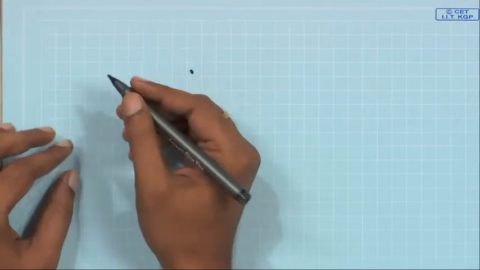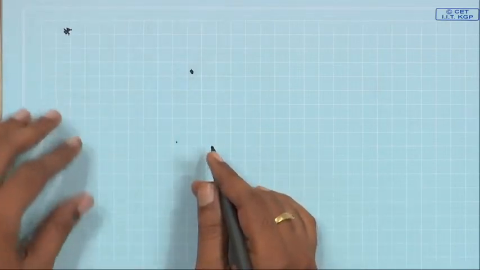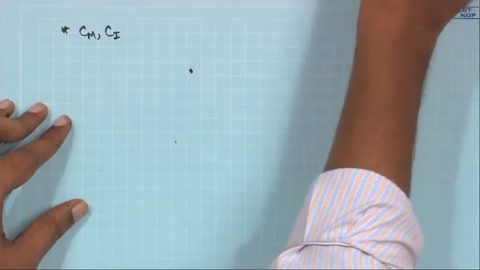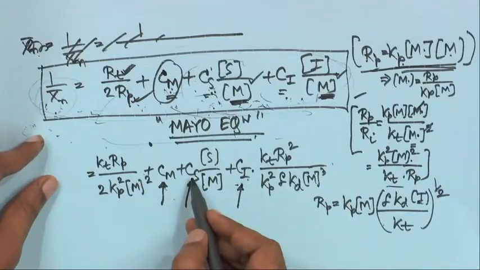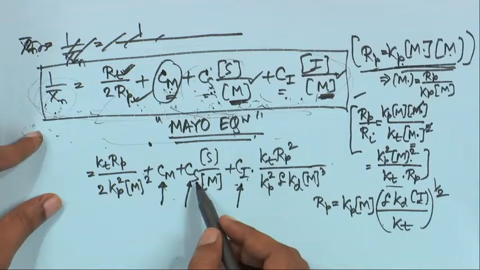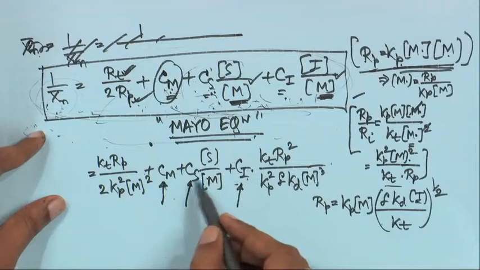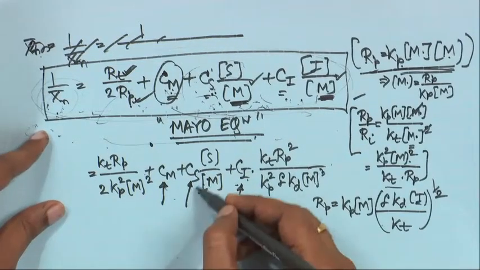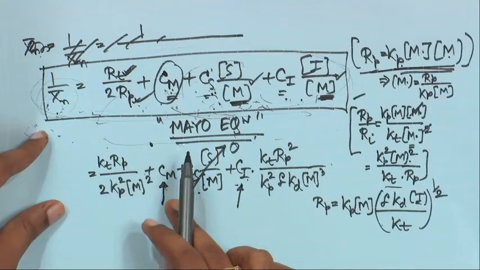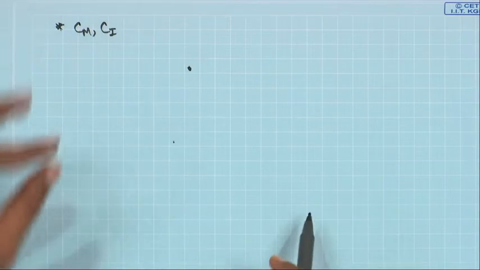So, let us say you are trying to determine the values of Cm and Ci. As far as the Cs is concerned, we will come to it after. For the moment, let us assume there is no chain transfer to the solvent, plus you have not added any chain transfer agent to the system. So, this term will become 0. You are left with only these 3 terms on the right side to deal with.